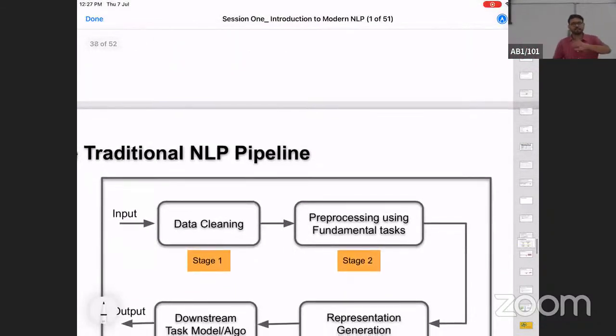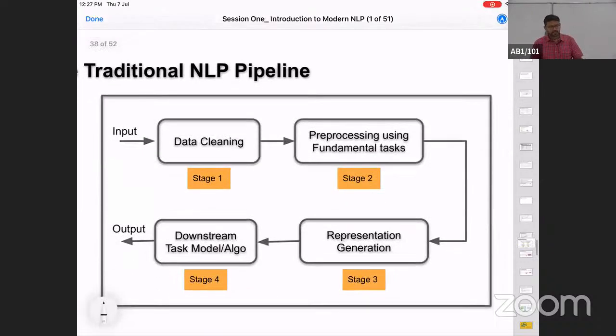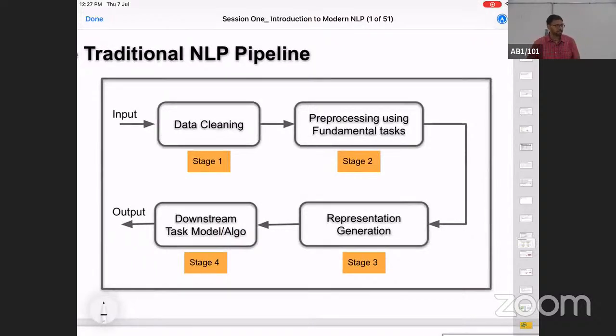Okay. So given all this information and the different kinds of tasks that we have seen so far, this is how the traditional NLP pipeline looks in general. This might not be true always, but in general you can define it like this. Stage 1 is simple: you just want to clean the data. In stage 2, you want to pre-process it using the fundamental tasks that we have seen. Then maybe you want to generate a representation. I have not yet said what I mean by representation, but it is something that you will use.